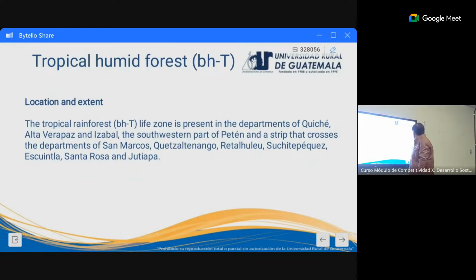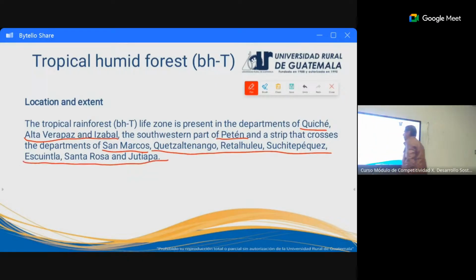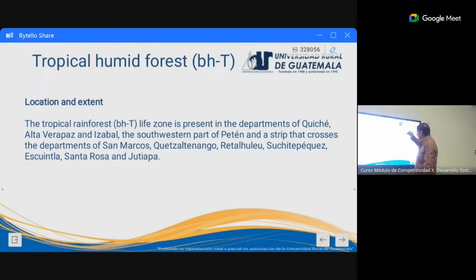Let me turn on my pen again. El Quiché, then also Alta Verapaz and Izabal, the southwestern part of Petén, and a strip that crosses the departments of San Marcos, Quetzaltenango, Retalhuleu, Suchitepéquez, Escuintla, Santa Rosa, and Jutiapa. So this is the location and extension of this tropical humid forest.